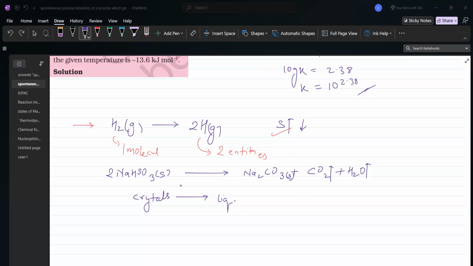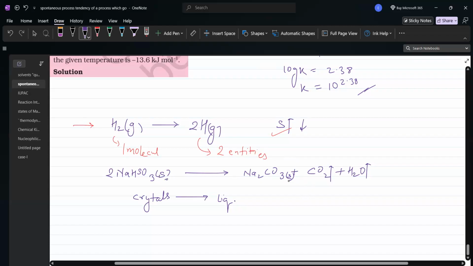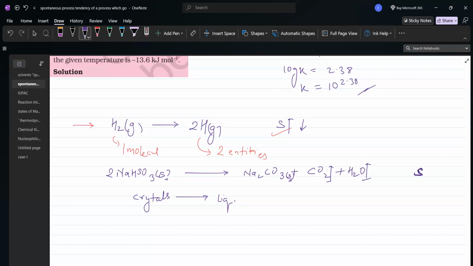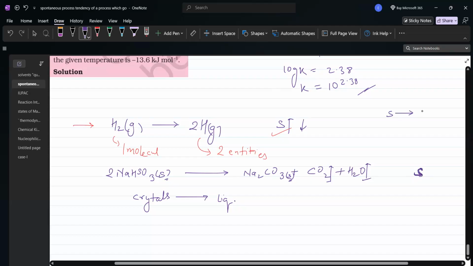So here there is no temperature thing. Actually what is happening, one product is solid, one product is gaseous, and another product is also gaseous. So should entropy be increasing or decreasing? Entropy is randomness. So has randomness been increased or decreased if something is converted from solid into gaseous form?